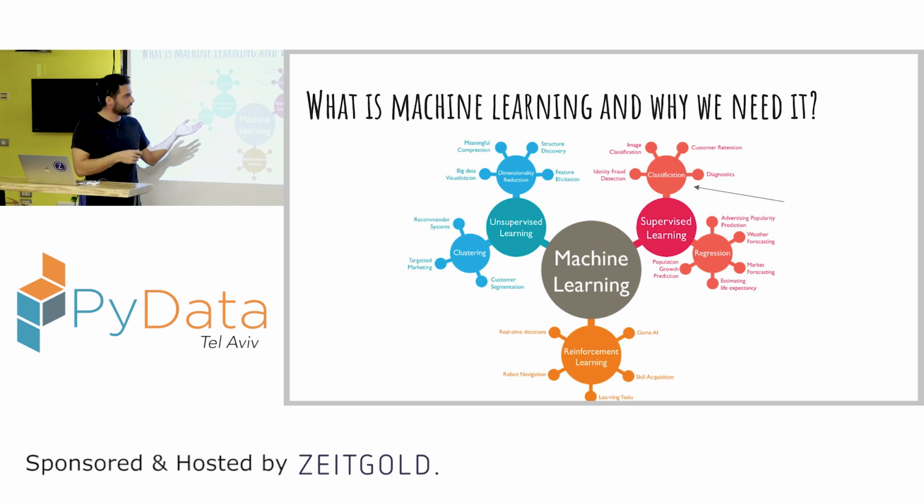And last but not least, this is, I reckon, the most popular field of machine learning. This is what we're going to do today. It's called supervised learning. Supervised learning means you have a data set and you have the answers, and you want to figure out the rules. An example of that would be the Titanic competition that we're going to do today.